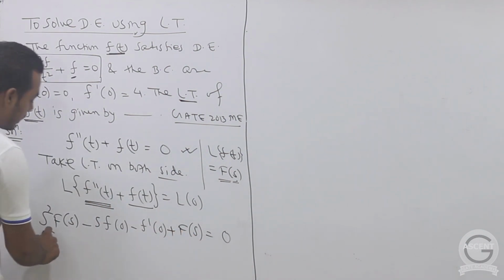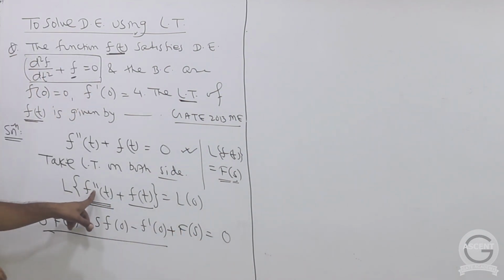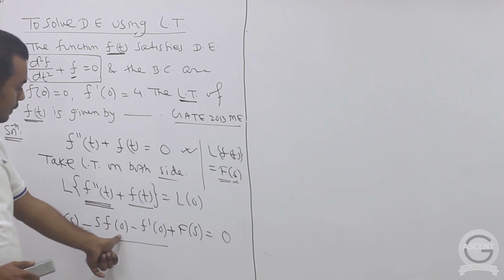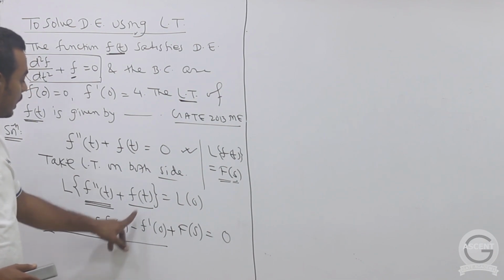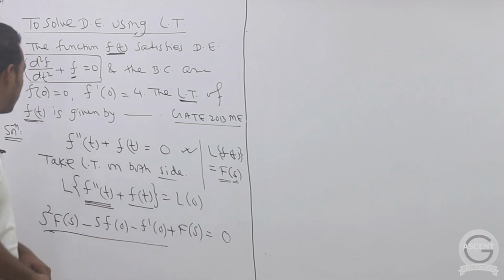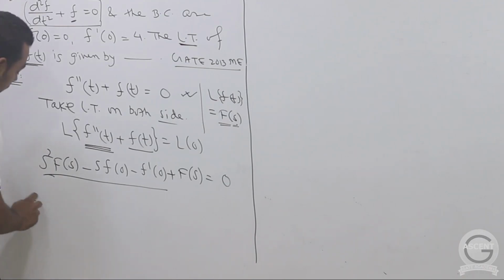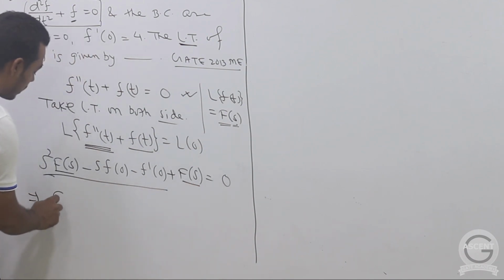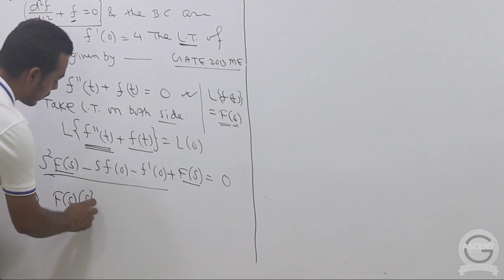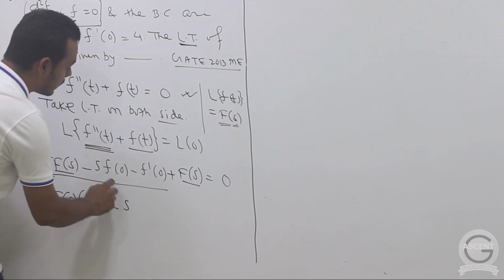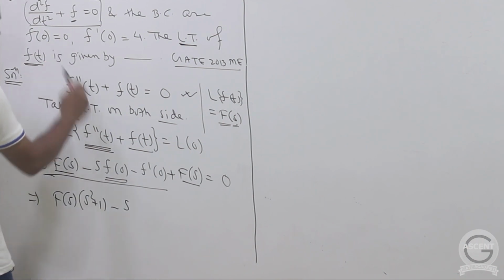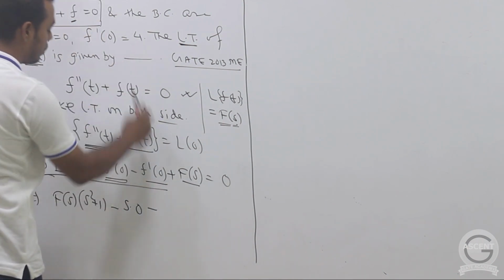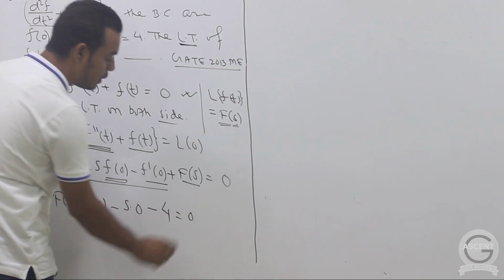So these three terms we are getting from Laplace transform of second derivative of t, s square F of s minus s f of 0 minus f dash 0, and Laplace transform of f of t is F of s. Now if you substitute the values, then from these two you can take F of s common, so you will get s square plus 1 minus s into f of 0, which is given as 0, so you will get 0 here, minus f dash 0 is 4, this will be equal to 0.